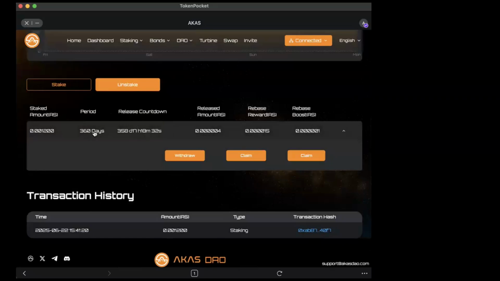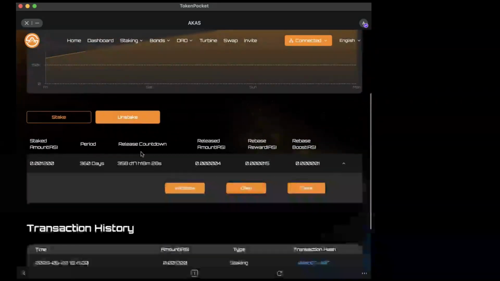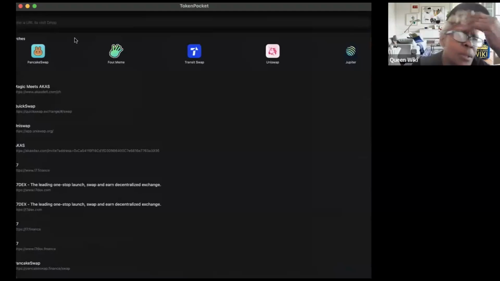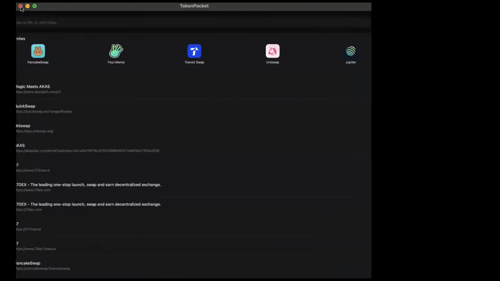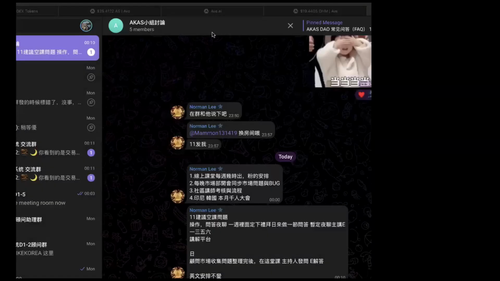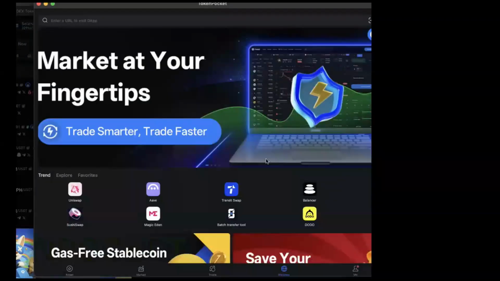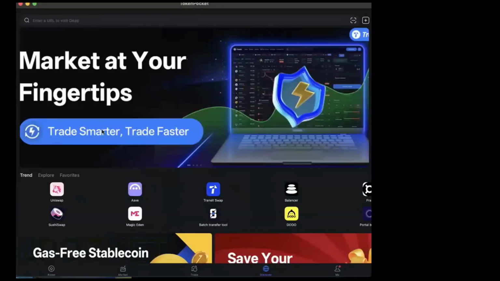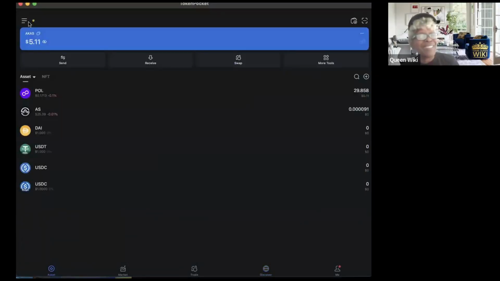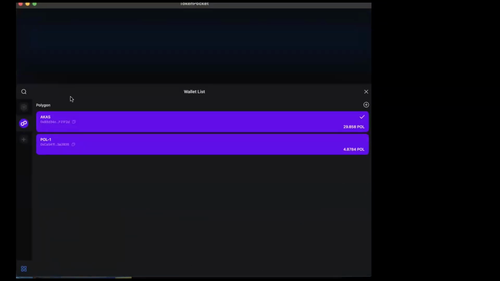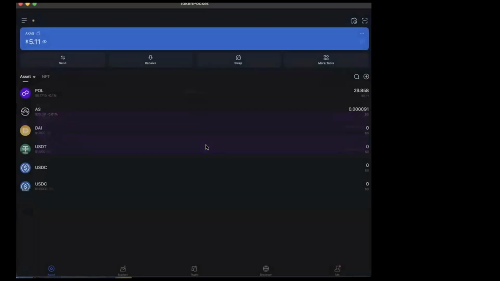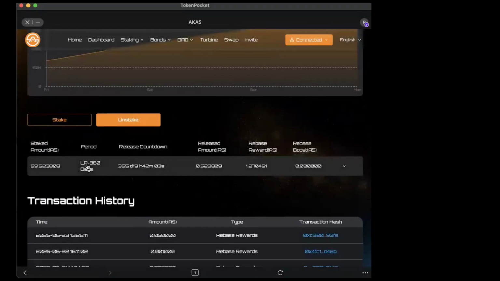Oh, sorry, no, that's for your stake. Because if it's a node, it says LP. I'm looking at my phone. It says LP 360 days. Sorry, I used the wrong account. I didn't notice it. So this is a staking, so you can see LP 360. Yes, you guys are right.